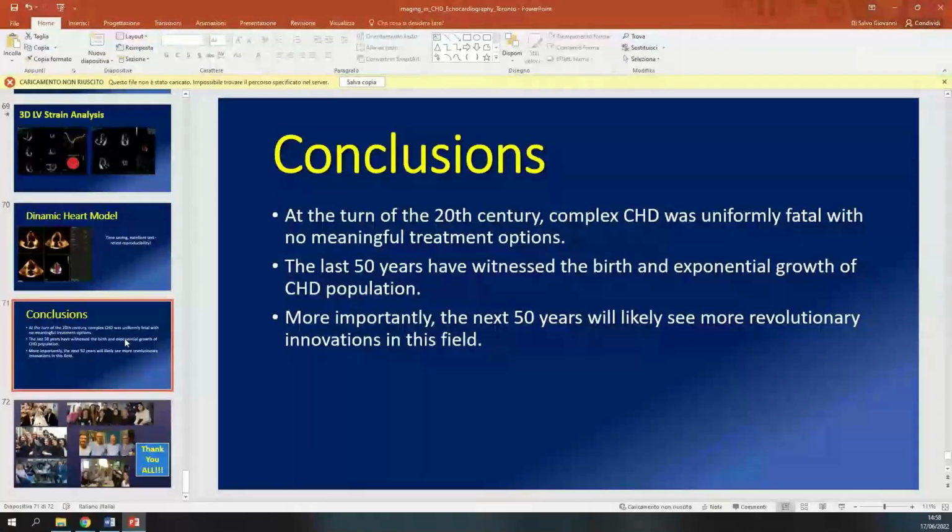We can do whatever we want, we can have the best parameters, functionally speaking and in terms of prognosis, but everything starts from 2D image quality. 2D image quality is of paramount importance. If we don't have good 2D image quality, adding software will just create confusion. I fully agree with you. So first of all, we need good image quality.